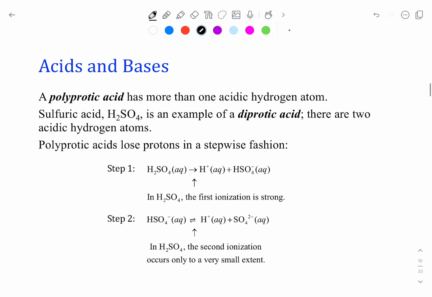Another type of acid is a polyprotic acid, and these have more than 1 acidic hydrogen atom attached to them, so they can give away, or I should say donate, more than 1 hydrogen.